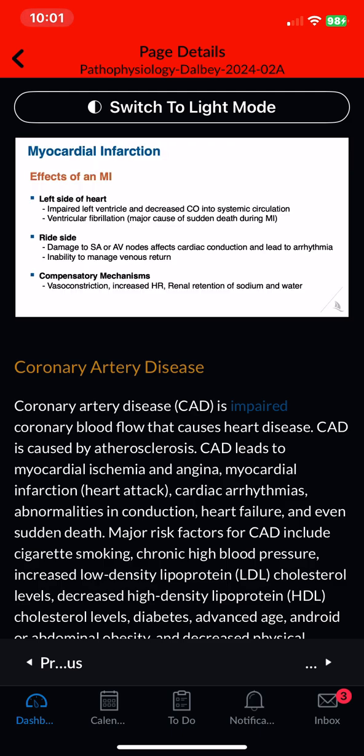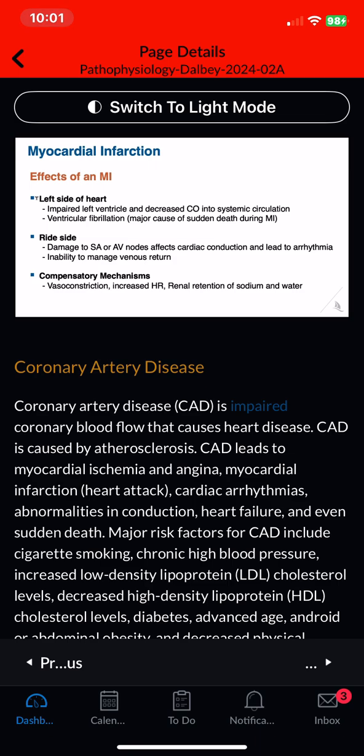So the size, location, duration of the occlusion, and whether there's any collateral circulation determine the effect of a myocardial infarction. If the left side of the heart is affected, it can lead to an impaired left ventricle and decreased cardiac output to provide for the systemic circulation.